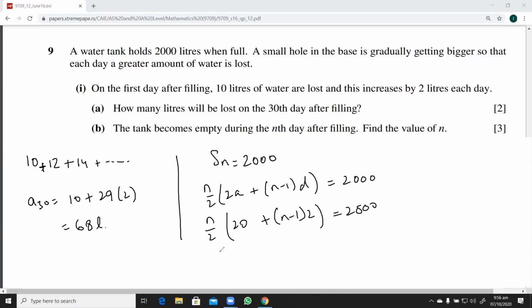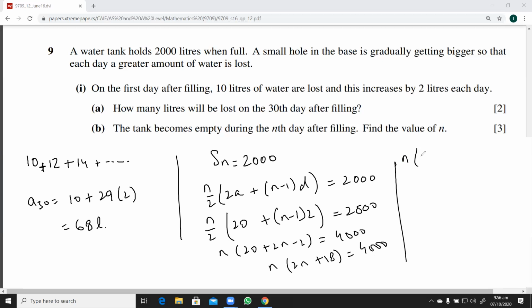So we have n into 20 plus 2n minus 2 equal to 4000. We have n into 2n plus 18 equal to 4000. I'm taking 2 common and dividing both the sides: n into n plus 9 equal to 2000.